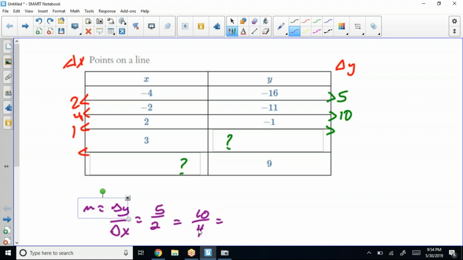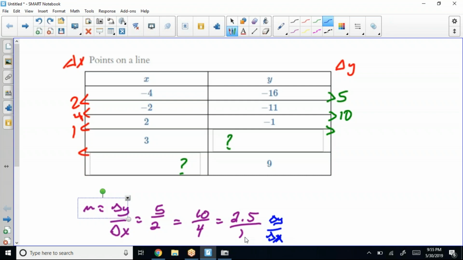When you simplify them, they all simplify down to the same unit rate. And what I mean by unit rate is when the denominator is a 1. So it's really changing 2.5 in the Y value when it's changing 1 in the X.